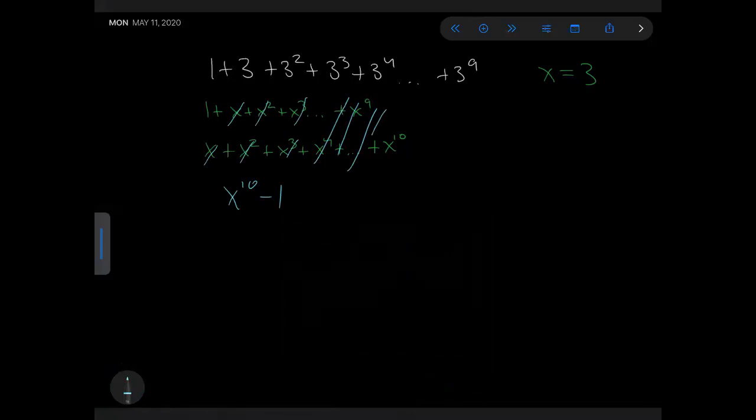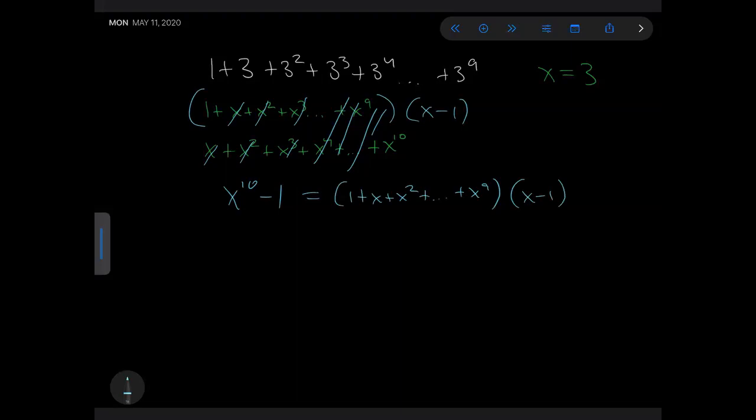So how did we arrive at x to the 10th minus 1? If we take our original sequence, we multiplied it by x and then subtracted the original sequence. That's the same as multiplying by x minus 1. So that gives us our first identity, which is saying that x to the 10th minus 1 is equal to 1 plus x plus x squared plus ... plus x to the 9th, times x minus 1.